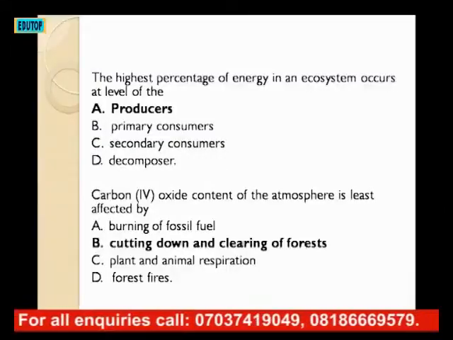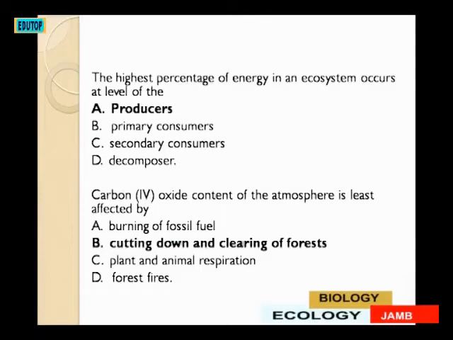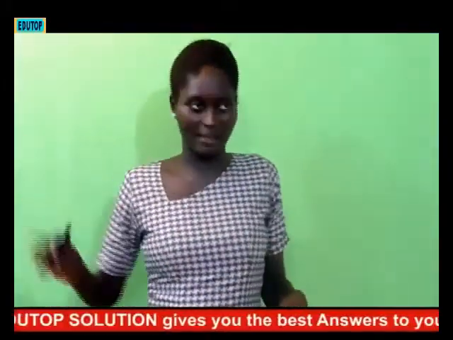The next question. The highest percentage of energy in an ecosystem occurs at the level of A, producers, B, primary consumers, C, secondary consumers, and D, decomposers. When you look at a food chain, the food chain starts with a primary producer, then to primary consumer, secondary consumer, tertiary consumer, and the likes.